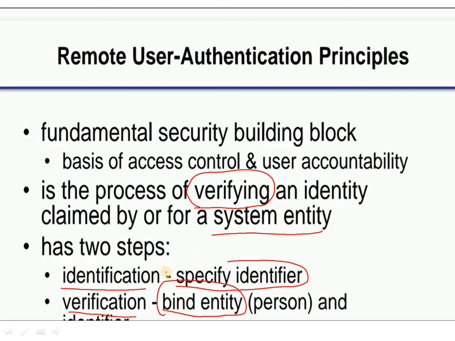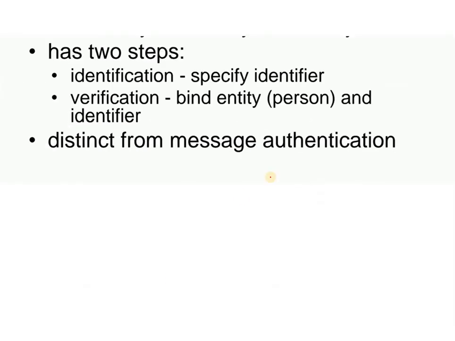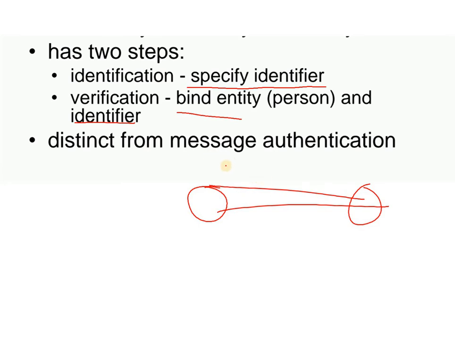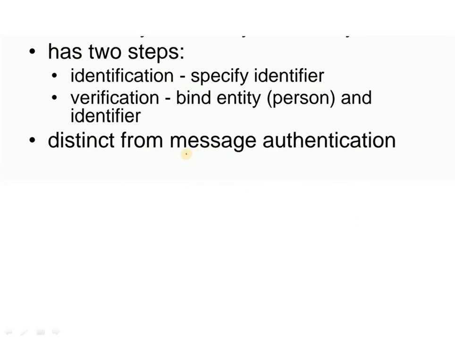So we will follow two steps in the authentication principle: identification and verification. Identification is nothing but specifying the identifier, and verification is binding the entity and the identifier together. This process of remote user authentication is different when compared to the message authentication process.